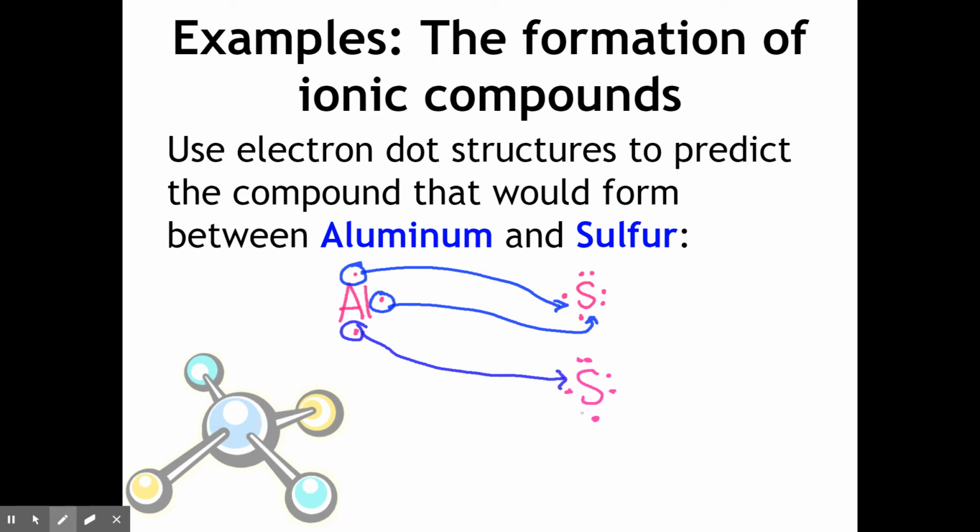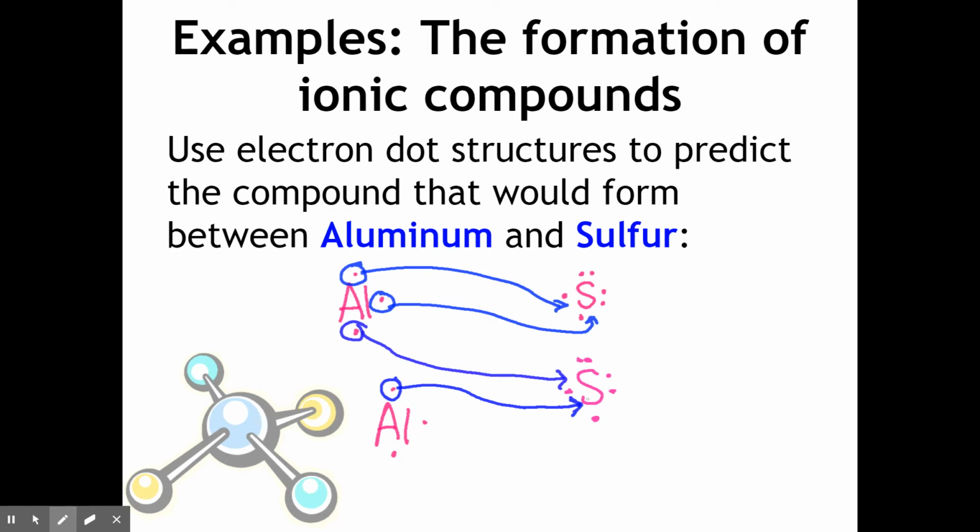But then sulfur isn't happy because it needs another electron. So we're going to draw another aluminum. And aluminum is going to give this to this sulfur, so it's full.